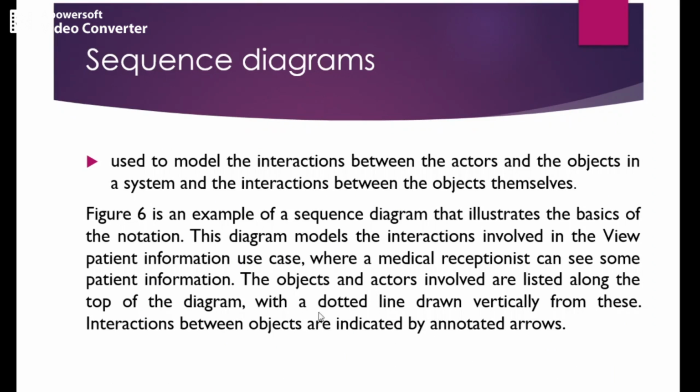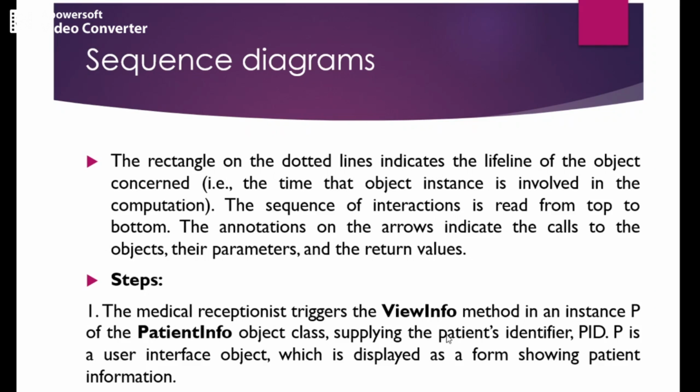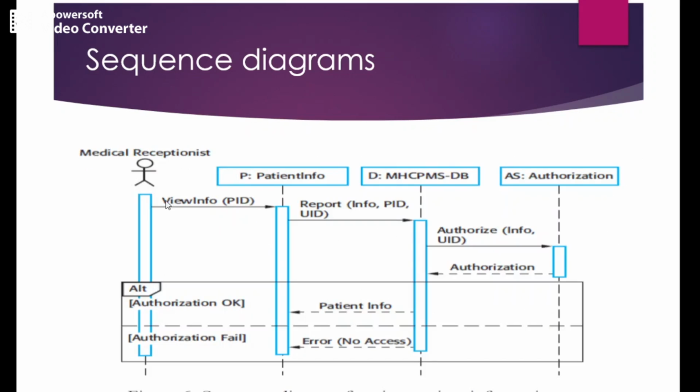Now, interactions between objects are indicated by annotated arrows. The interaction from one object to another is represented using annotated arrows, meaning arrows are drawn and with them you are also passing the message.